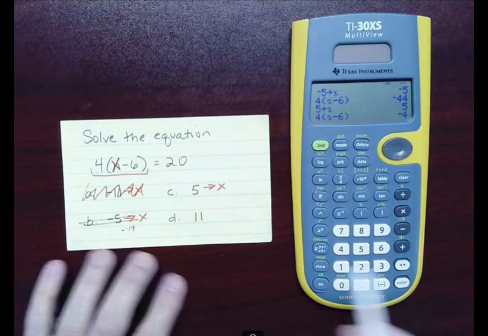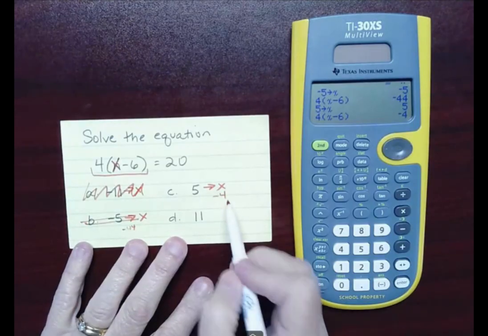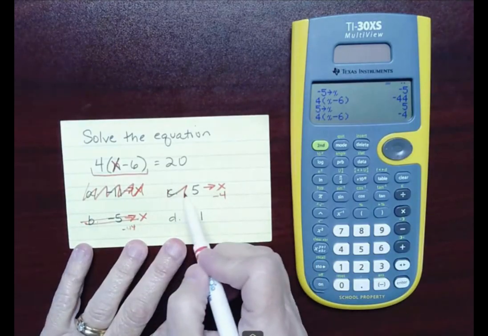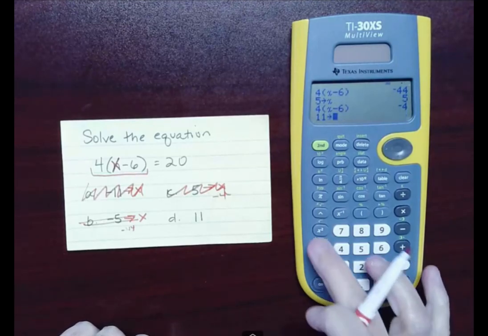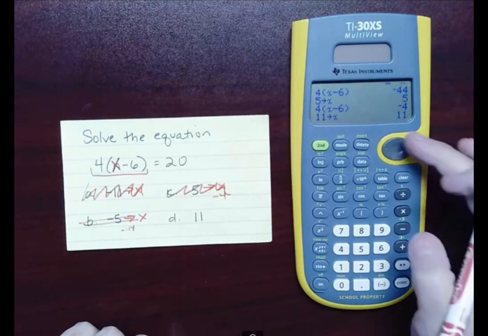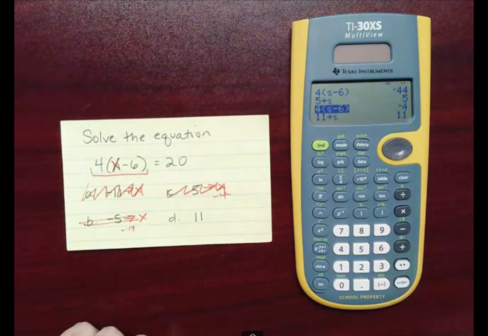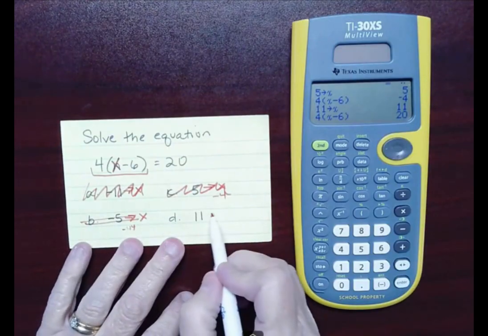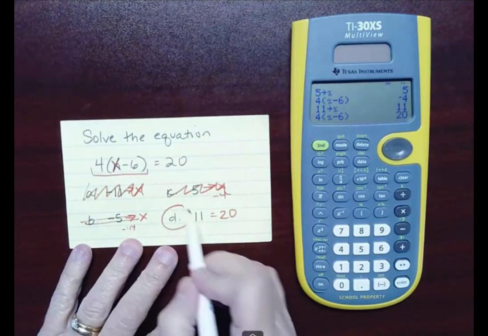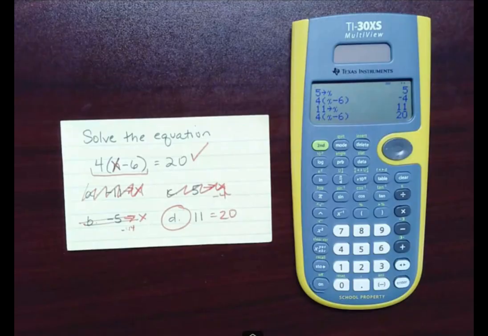Enter again gives me an answer of negative 4, not 20. C isn't right. So now let's try answer choice D. 11 store x, enter. We'll scroll up, get our expression, hit enter, it copies it, enter a second time, equals 20. There is my correct answer.